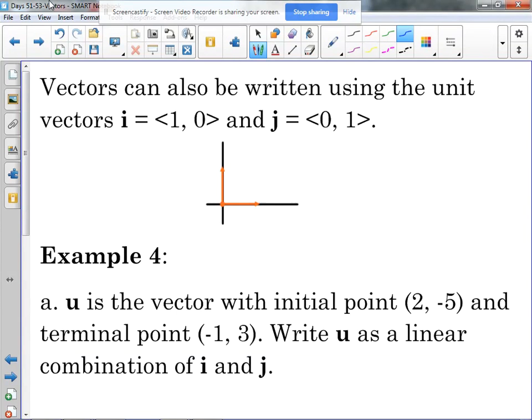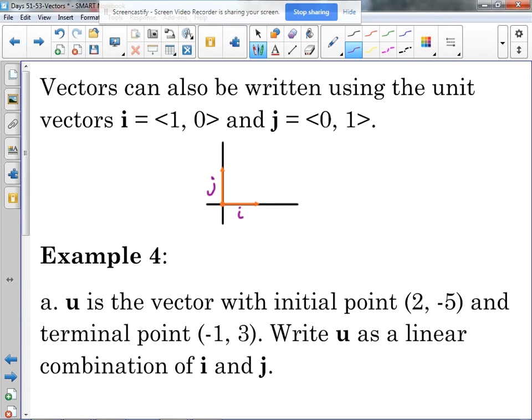Vectors written in what we call a linear combination of these unit vectors. These unit vectors here, i represents the vector 1, 0, so that is the unit vector there on the x-axis, and j is the unit vector 0, 1.